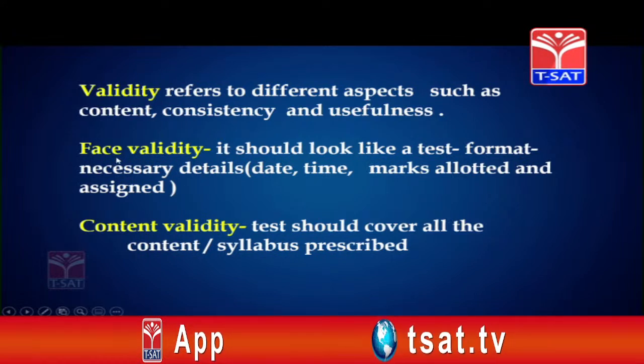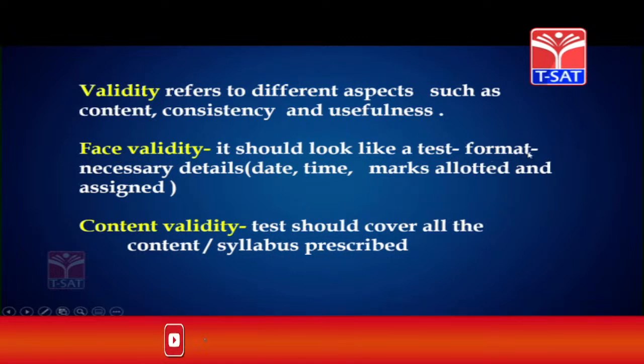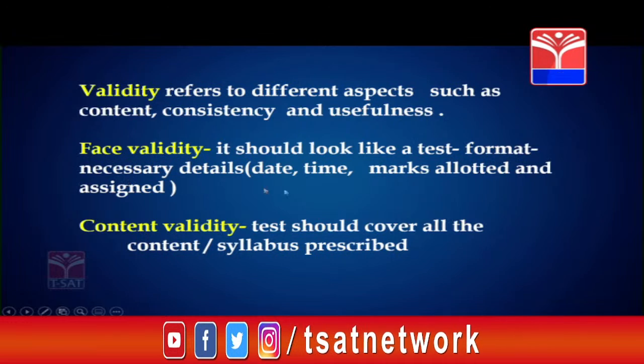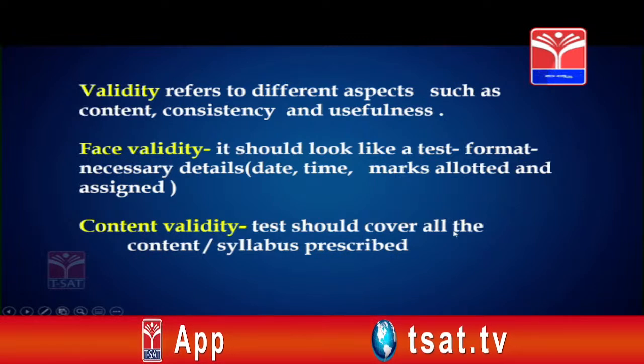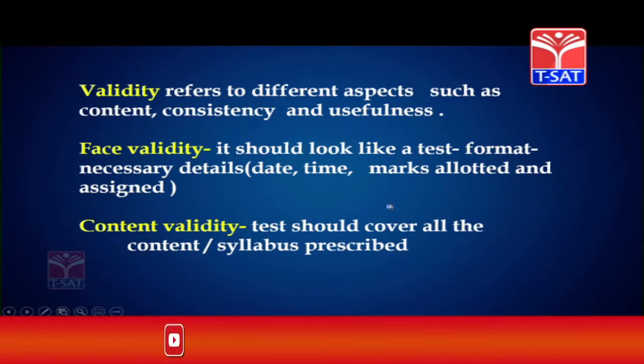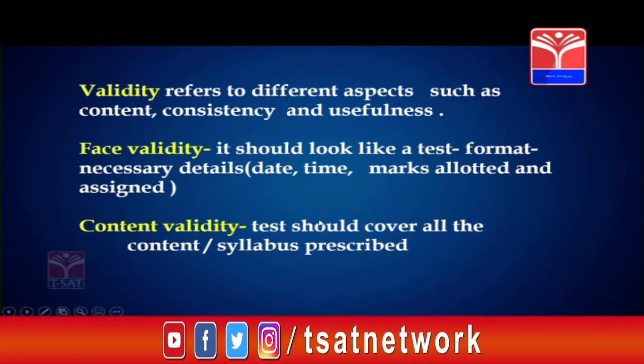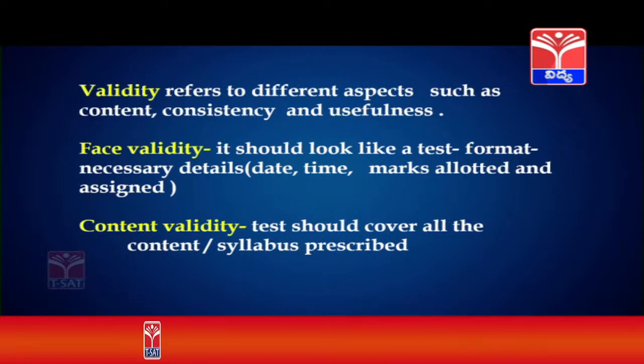Face validity means a test should look like a test, and it should have a format, and it should have all the necessary details, the date of the test and the time, marks allotted and marks assigned. And content validity, a test should cover all the content or syllabus prescribed. For example, for a test 2 or 3 units are prescribed and all the test items are taken from just one unit, it will not have content validity.